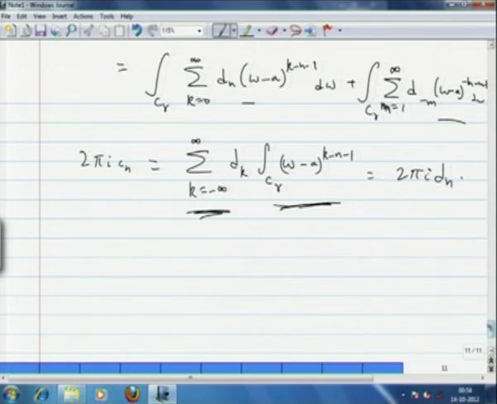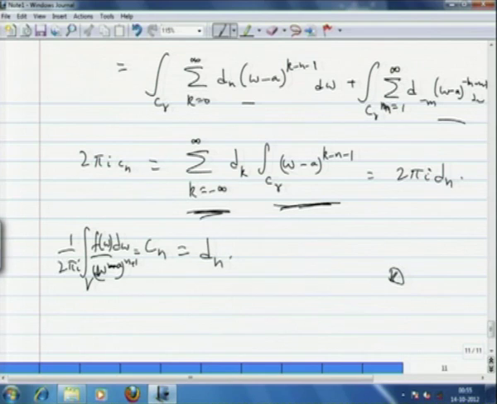Okay. So, that tells you that the c n, which is coming from the previous theorem, which is 1 by 2 pi i times that integral over gamma of f of w by (w minus a) power n plus 1 dw, that is your c n, is equal to d n. Okay.